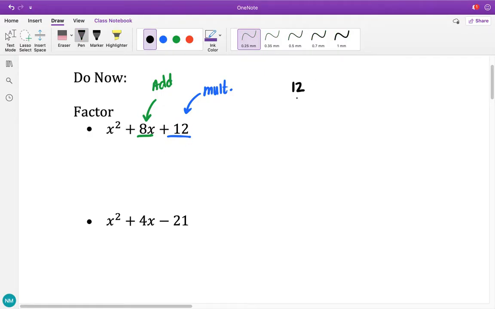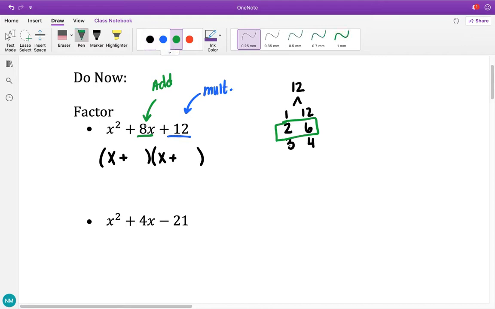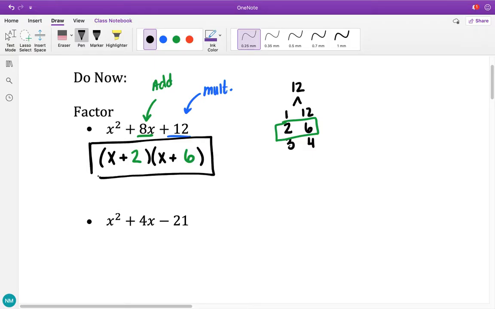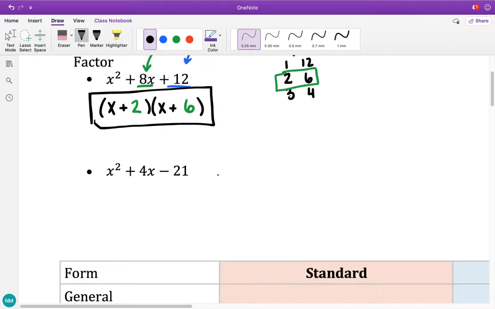If you get stuck, you look at 12 and ask, what are the factors of 12? 1 and 12, 2 and 6, 3 and 4. Which of these two numbers, when you add them, give you 8? It's 2 and 6. So this becomes (x + 2)(x + 6). That's factored.